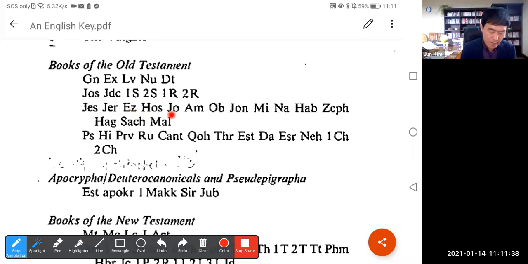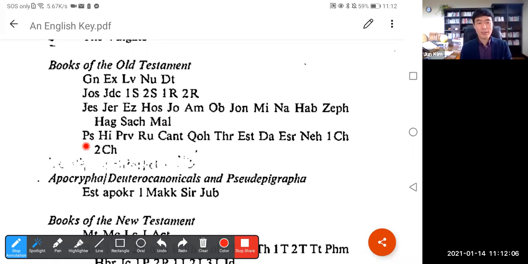Hosea. And this one, Joel, Amos, Obadiah, Jonah, Micah, Nahum, Habakkuk, Zephaniah, Haggai. And this one is a bit tricky: SACH, Zechariah. I think you need to write down Zechariah. And Malachi is obvious.